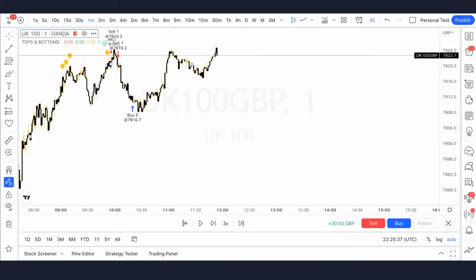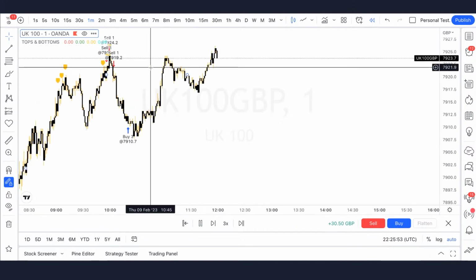Did we go into that twice? Yeah, so we did. We went back into that trade a couple of hours later and took these here.